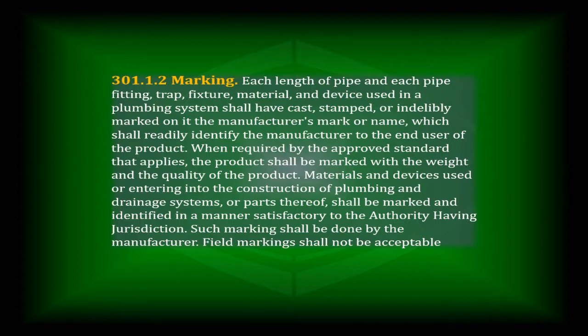When required by the approved standard that applies, the product shall be marked with the weight and the quality of the product. Materials and devices used or entering into the construction of plumbing and drainage systems or parts thereof shall be marked and identified in a manner satisfactory to the authority having jurisdiction.